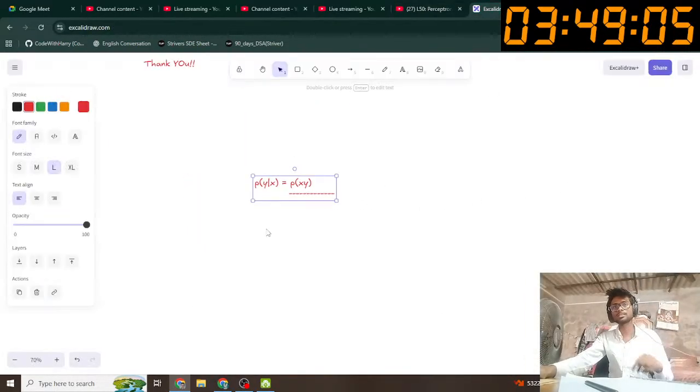So the formula is we have to find y given the data set, we have to find which label it belongs to.